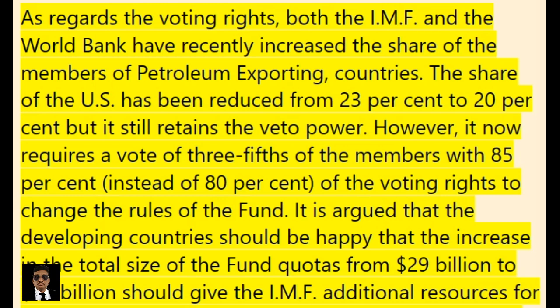However, it now requires a vote of 3/5 of the members with 85% instead of 80% of the voting rights to change the rules of the fund. It is argued that the developing countries should be happy that the increase in the total size of the fund quotas from $29 billion to $39 billion should give the IMF additional resources for everything it needs, including more money with which to help the poor.